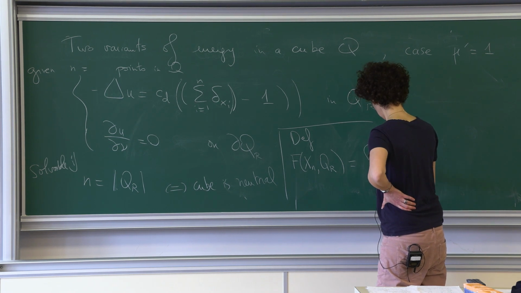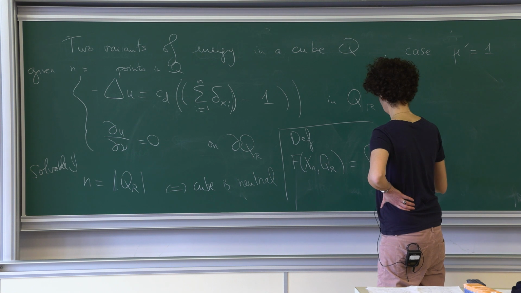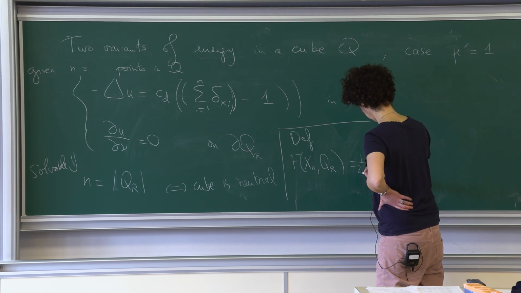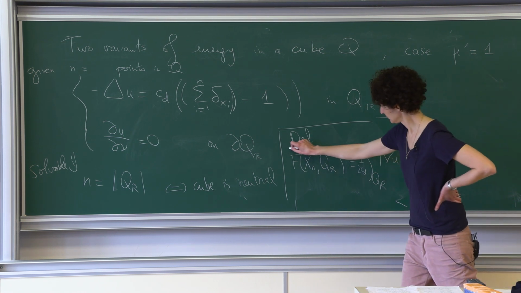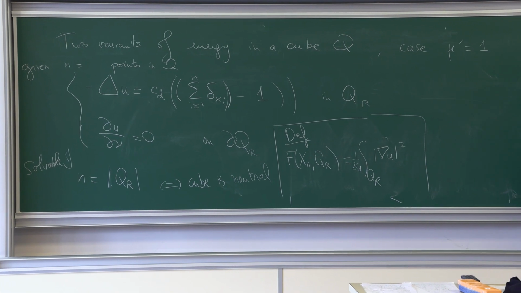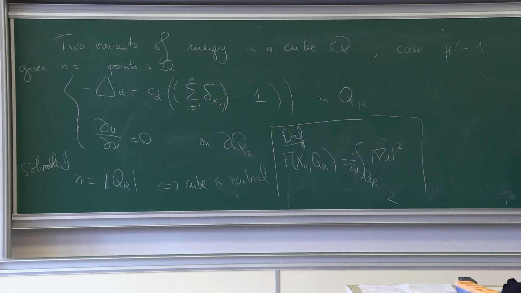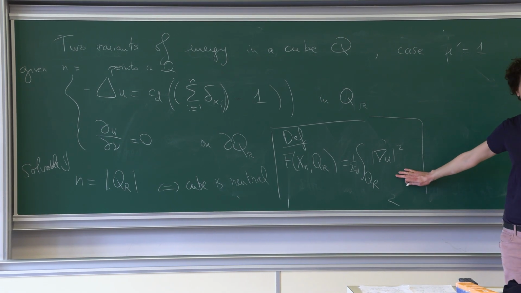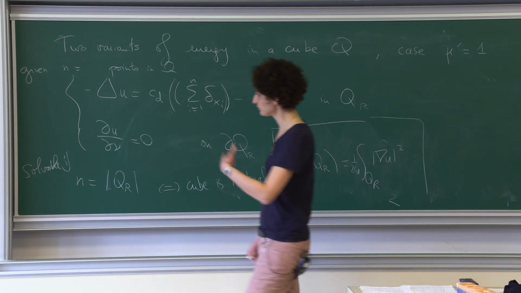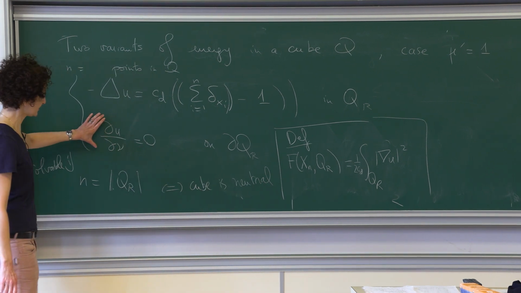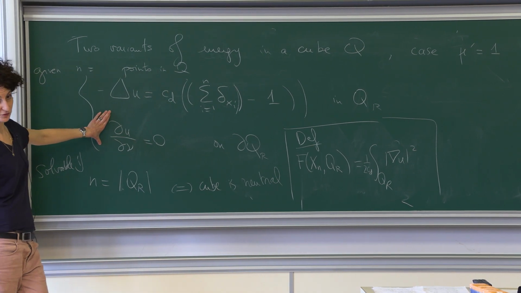Then I will define it like that, with the appropriate constants in front. And of course, this is to be understood in a renormalized way. So it's like the H before, but the specification here is this Neumann boundary condition.